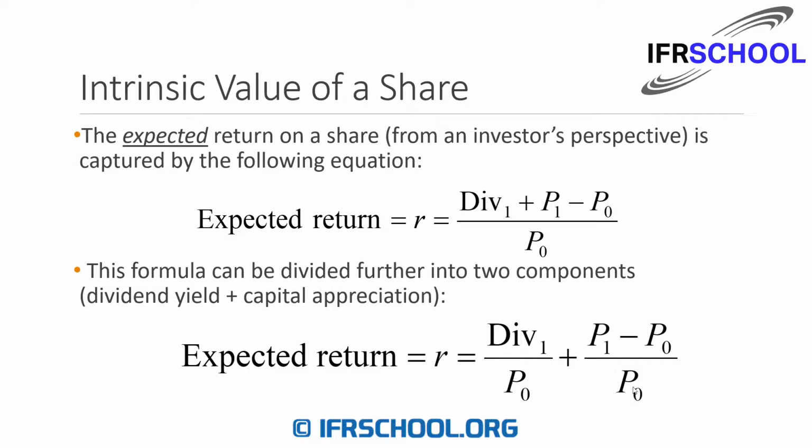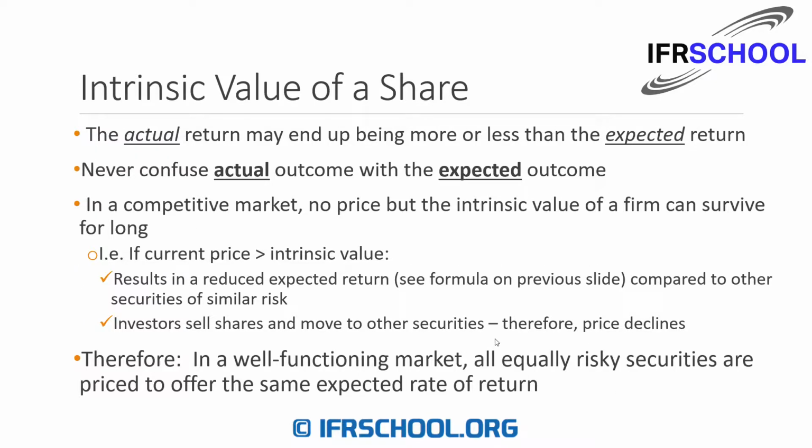As the denominator in this equation declines, the overall dividend yield and capital appreciation for the share will increase, and the overall expected return on the share will increase. And so in a competitive market, no price but the intrinsic value of the firm, in theory, should survive for long periods of time. In a well-functioning market, all equally risky securities should be priced to offer the same expected rate of return.